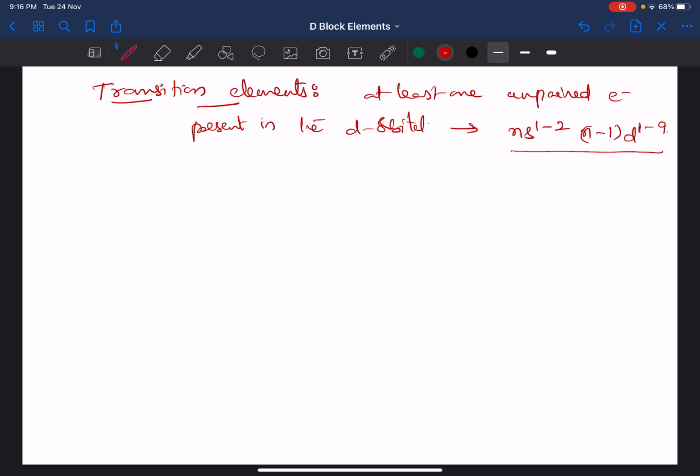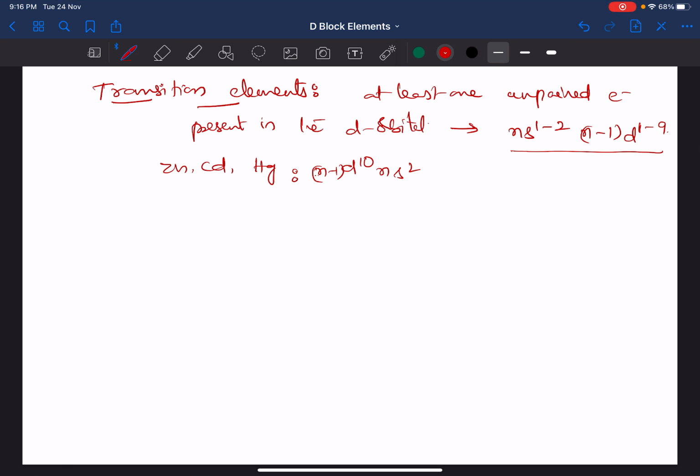Here we consider zinc, cadmium and mercury. These all have the d10 configuration, (n-1)d10 ns2. So that is the general electronic configuration of these three elements.